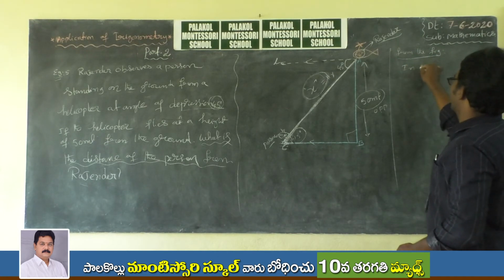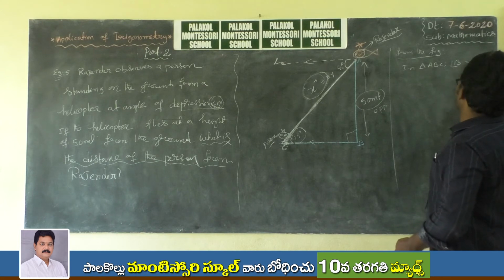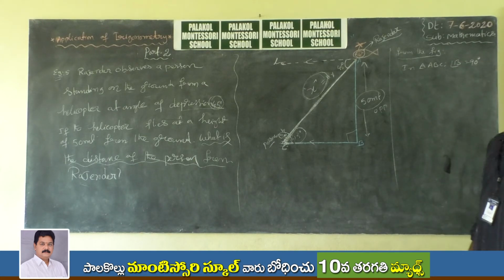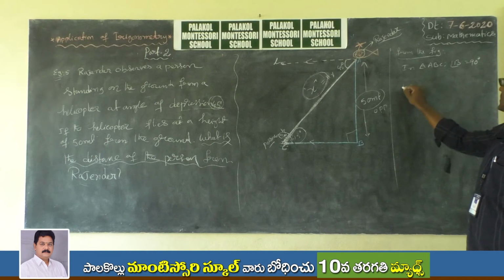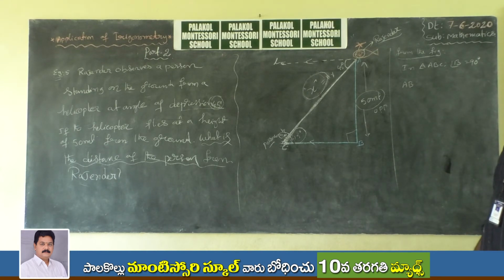In triangle ABC, angle B is equal to 90 degrees. Now see AB. AB is the helicopter.